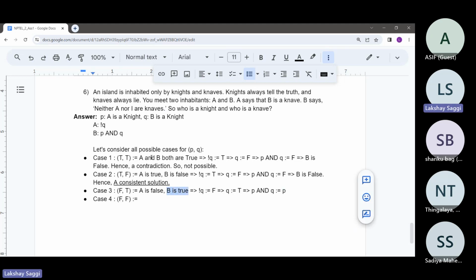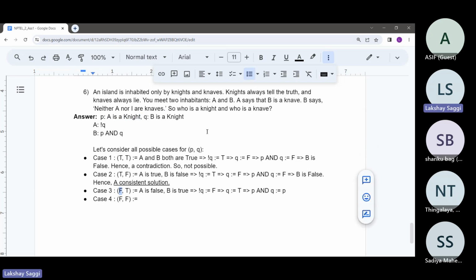And we had said that B was true. So basically what we had assumed was that P was false, right? We had assumed that P is false because A is not a knight.